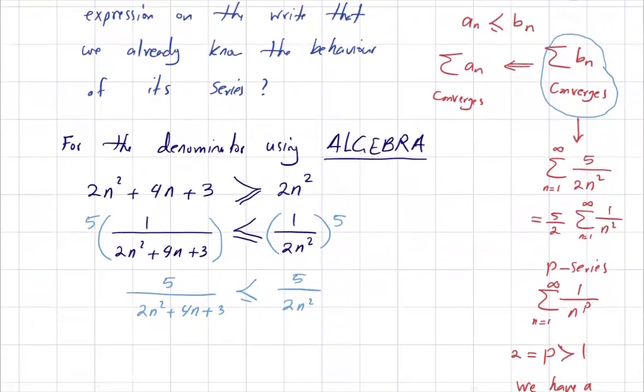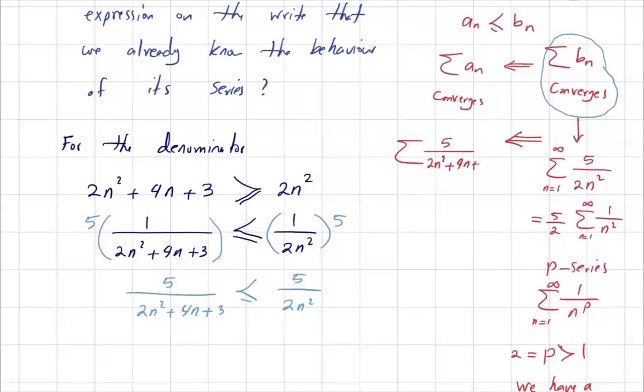Since the larger series is convergent, the smaller series is convergent as well. So we conclude that the summation of 5 divided by 2n squared plus 4n plus 3, n starts from 1 to infinity, also converges. As easy as that.